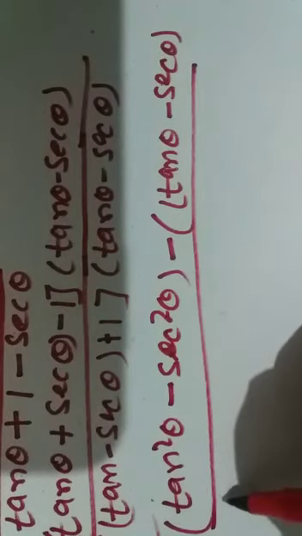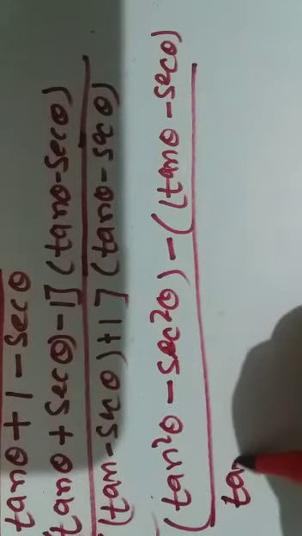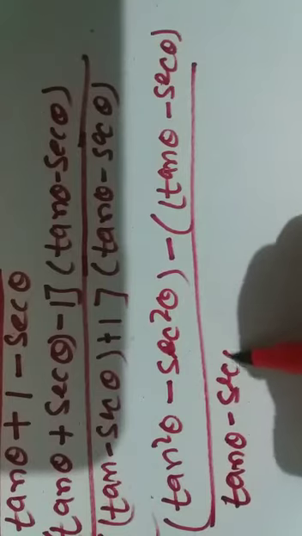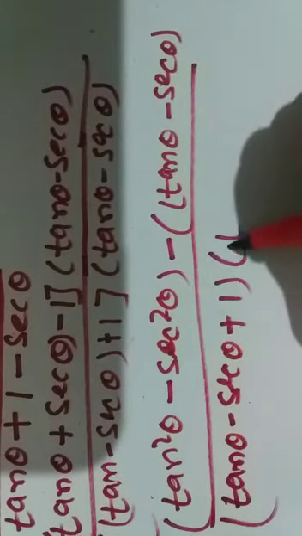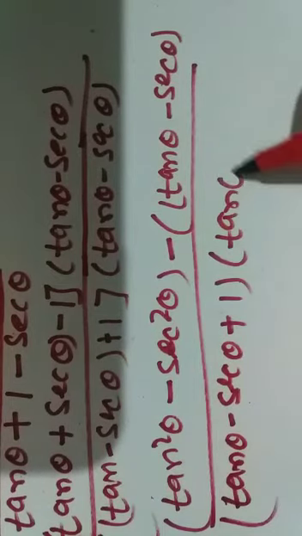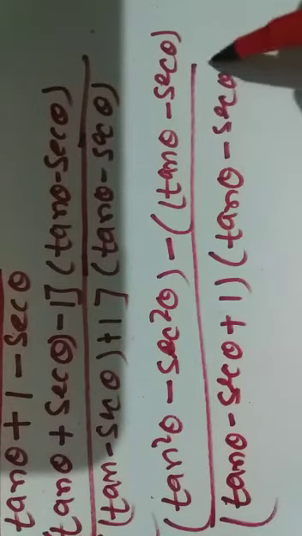Is that okay? Now in the denominator part just leave everything as it is, because we don't want to disturb this. So this is tan theta minus sec theta plus 1, and here it will be tan theta minus sec theta.